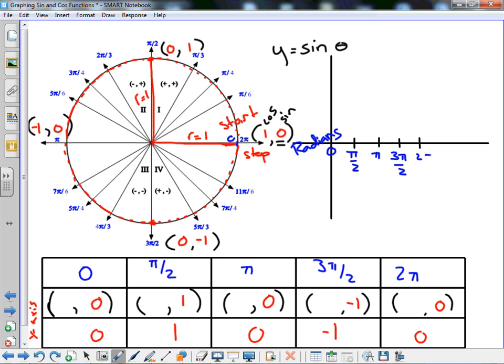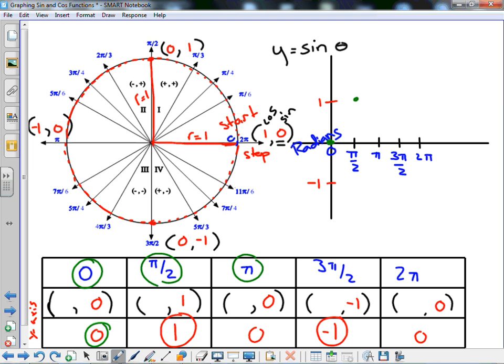And our radians, again, are along the x-axis, so we'll get 0, pi over 2, pi, 3 pi over 2, and 2 pi. Now, our largest y value is 1. Our smallest y value is negative 1. Now, when we graph this, we have 0, 0. At pi over 2, we're up at 1.